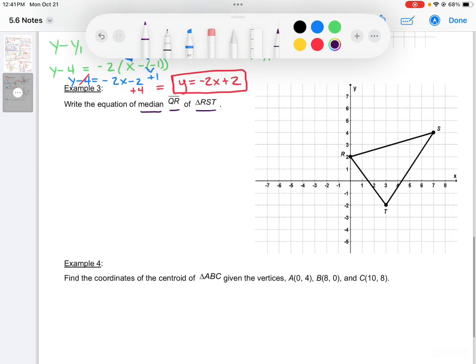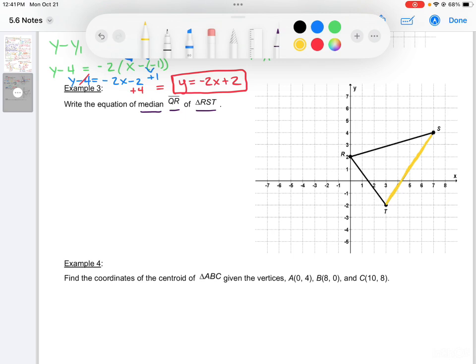So in this particular problem, we're looking at triangle RST, and we're trying to write QR. The first thing that we want to do is to find the midpoint of ST. Sorry, I'm outlining this in a color that's very dark, so let me pick something a little brighter.